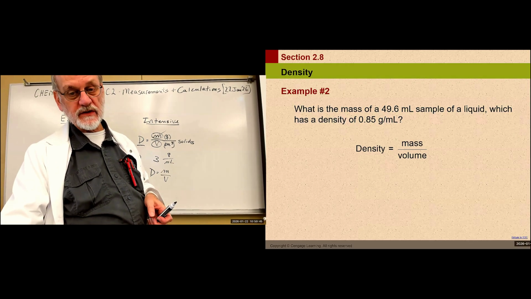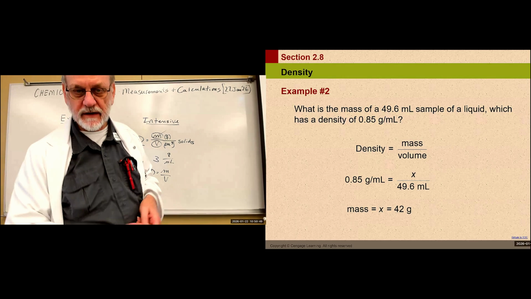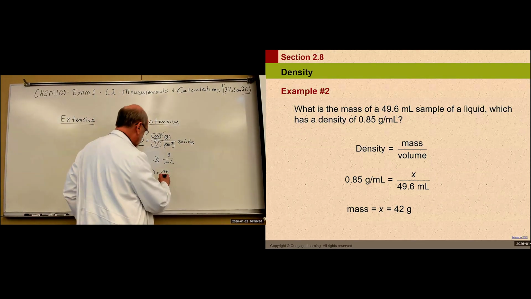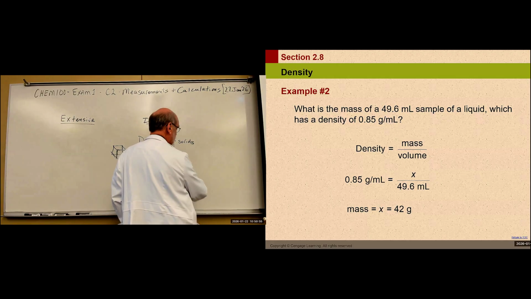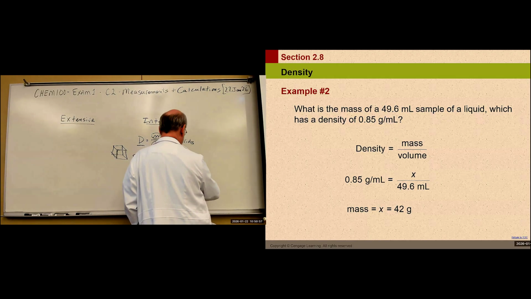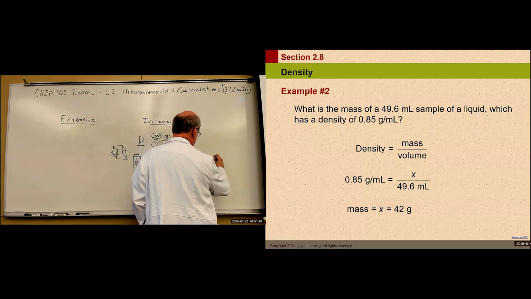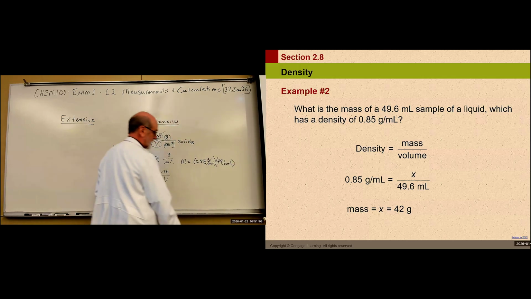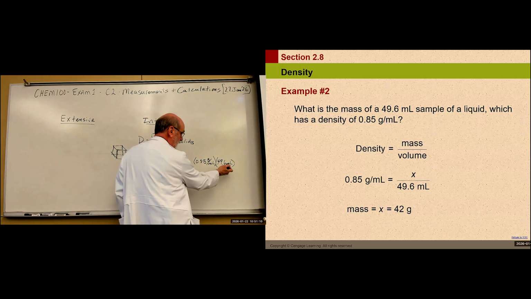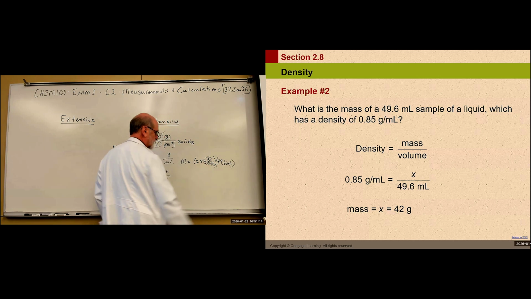Because when we rearrange the equation, well, they didn't do it for us. When we rearrange the equation, mass is going to be density, 0.85 grams per milliliter, times 49.6 milliliters. And notice that numerator and denominator cancel and leave us with grams.